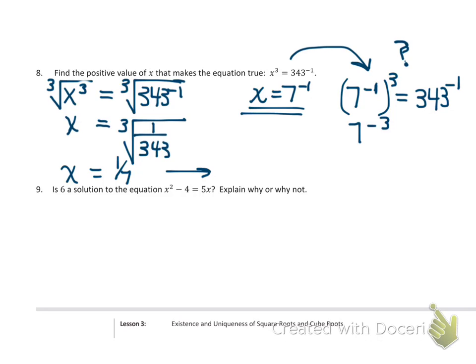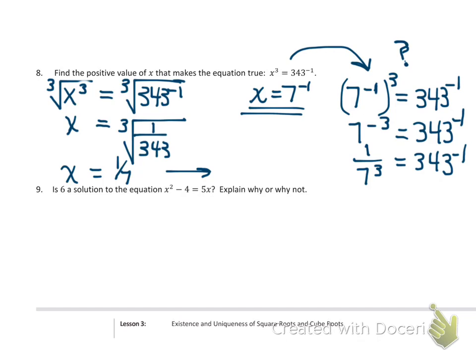Negative 1 times 3 is negative 3. And I'm still asking myself, is that 343 to the negative 1? Well, 7 to the negative 3 is 1 over 7 to the positive third power. Still, is that 343 to the negative 1?